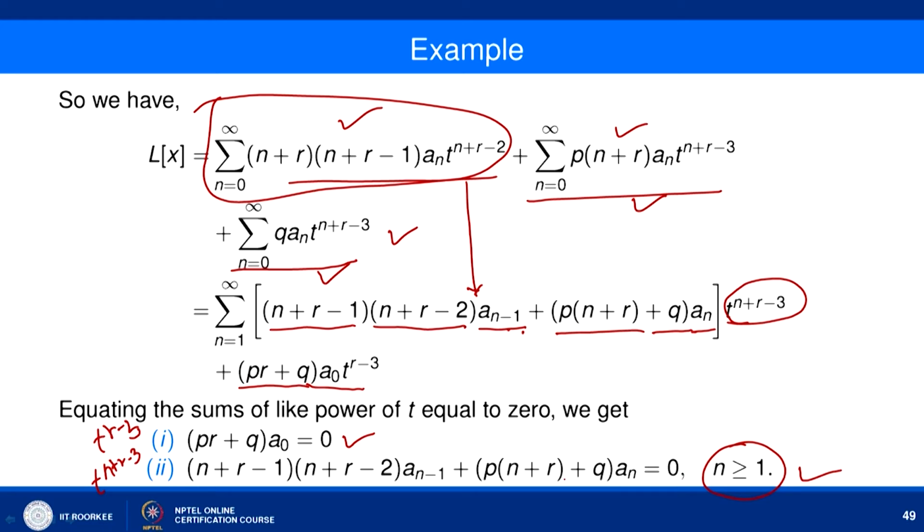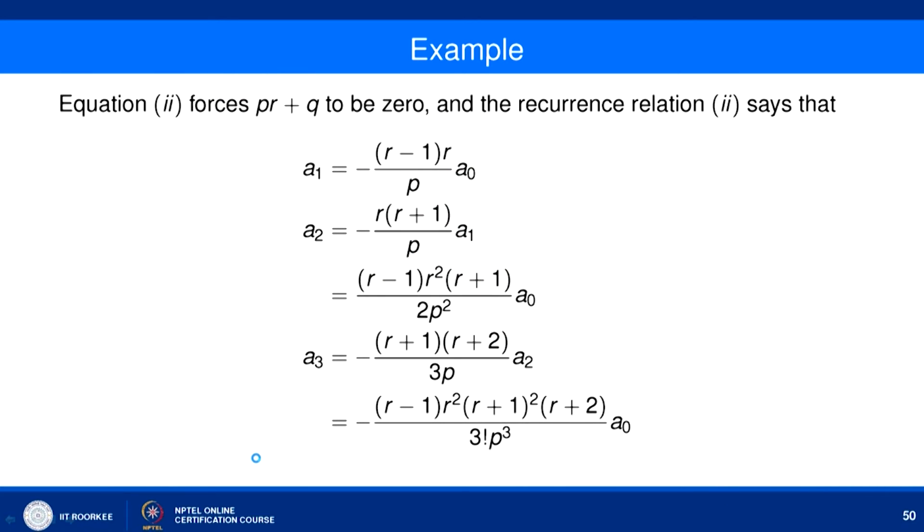From the first equation you get your indicial equation as p r plus q equal to 0. Since it is a linear equation, we will have only one solution, that is r equal to minus q by p as the one root of the indicial equation.